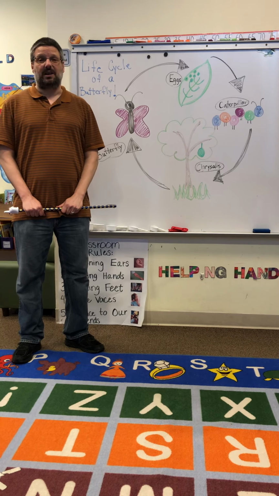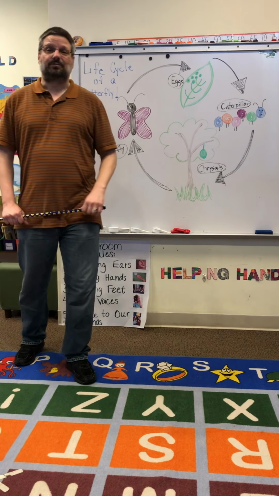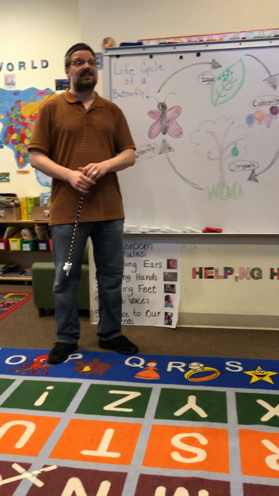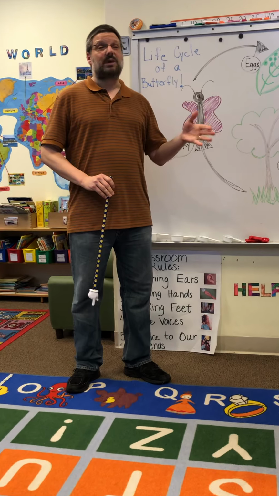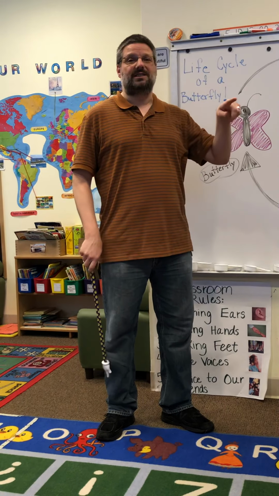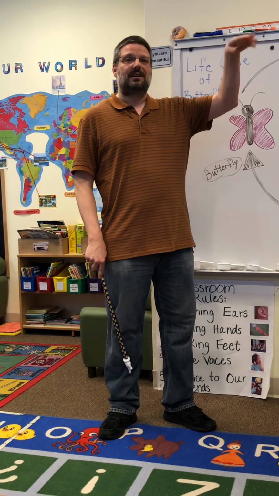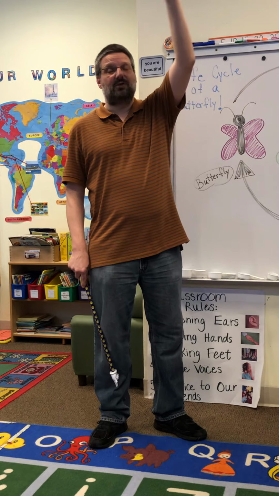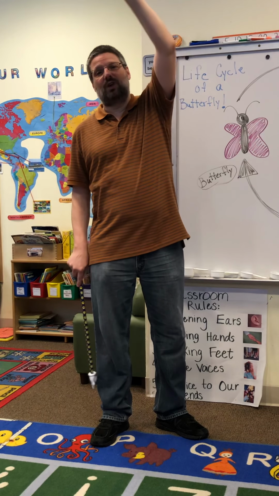Hi boys and girls, it is circle time right now, and I just want to remind you about what we talked about last week about the water cycle, because we're going to be talking about a different kind of cycle in just a minute. The water cycle is how nature recycles water, so it keeps going around in a circle, right? It evaporates from the lakes and the oceans, and then it goes and makes clouds, and that's condensation, and then it rains.